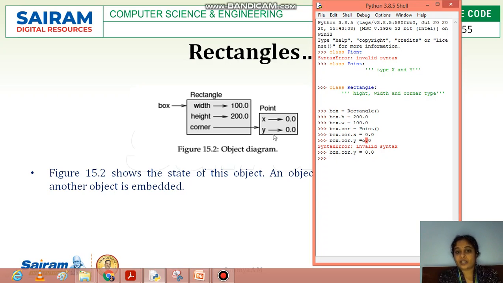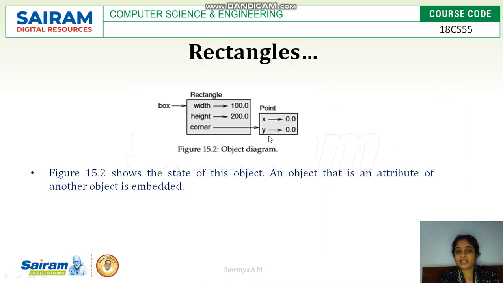This corner is an object of the class Point, which has x equal to 0 and y equal to 0. This is how an instance can also have an instance inside it, or an object can have an attribute which is another object of another class. So we can embed an object as an attribute of one object.